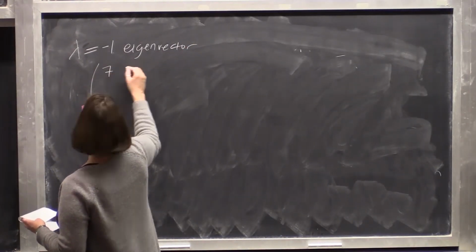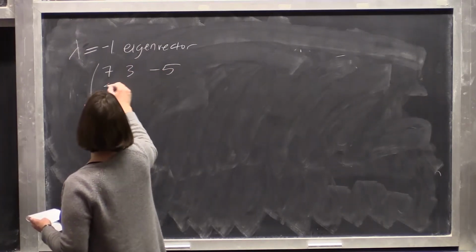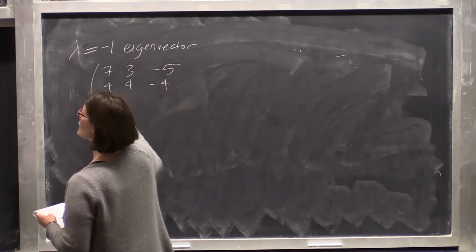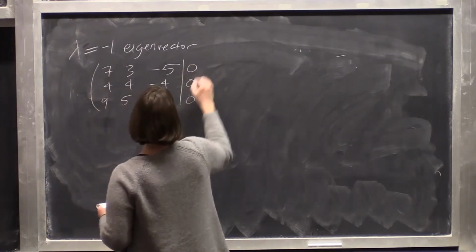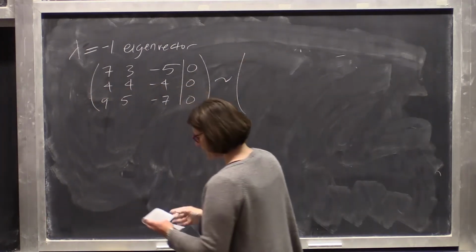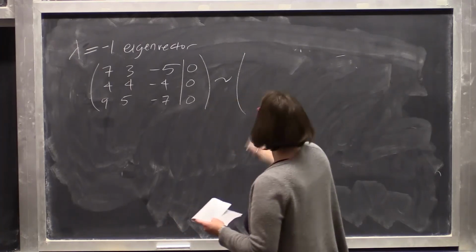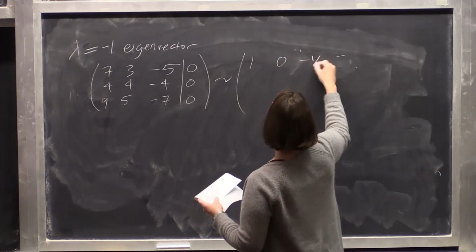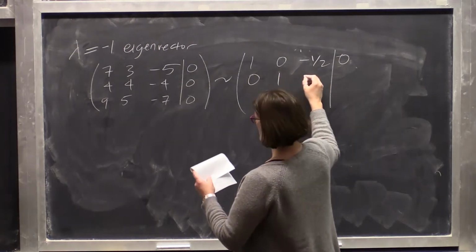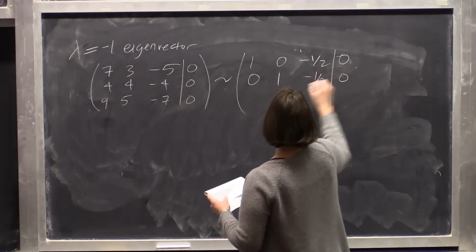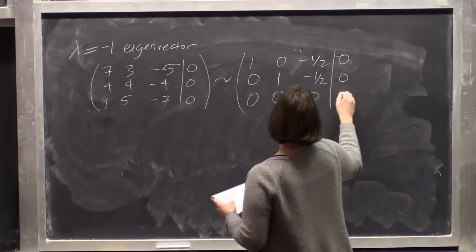So 7, 3, minus 5, 4, 4, minus 4, 9, 5, minus 7, with 0, 0, 0, which is row equivalent to 1, 0, minus 1 half, 0, 0, 1, minus 1 half, 0, 0, 0, 0, 0.